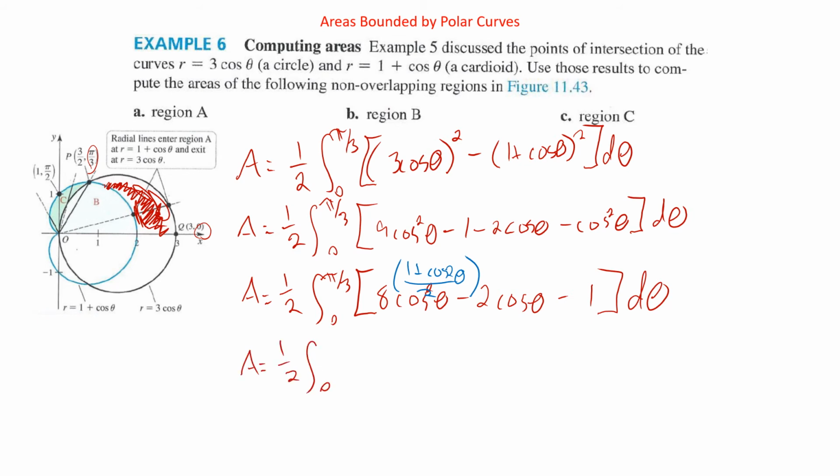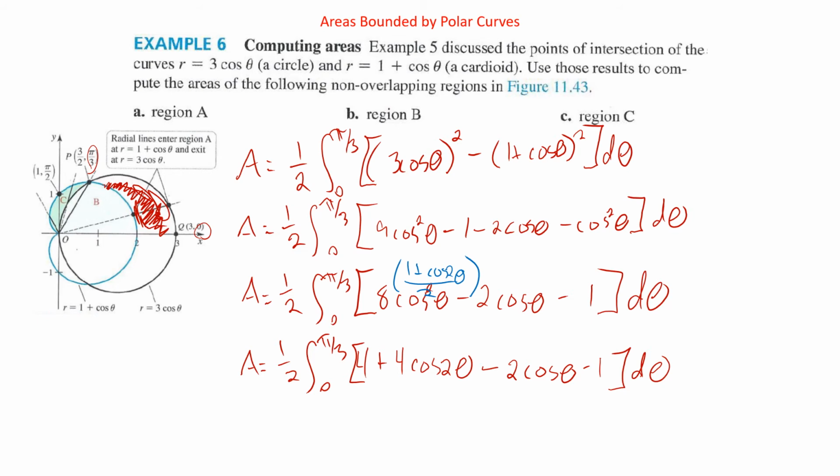So we get 0 to pi over 3. We'll have 4 plus 4 cosine of 2 theta, which is something we can find the antiderivative of, minus 2 cosine theta. Again, we can find the antiderivative, minus 1. The 4 minus 1 just becomes a 3.